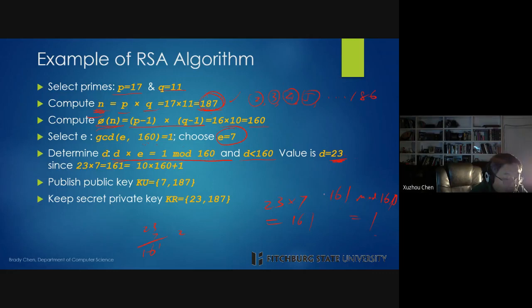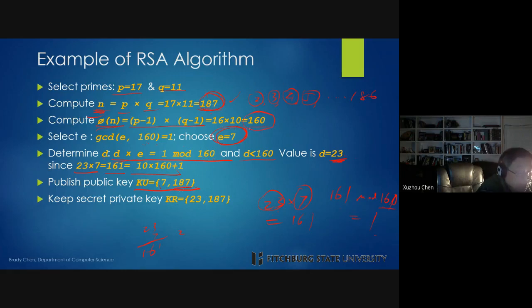So that's why, given 7, 23 is the inverse of 7 modulo 160. 23 times 7 equals 161, so they're related. These two numbers are inverses of each other under modulo 160. So I just released the public key, which is 7 and 187.